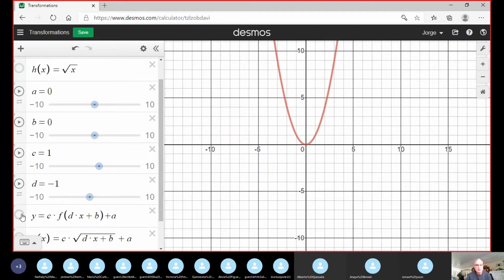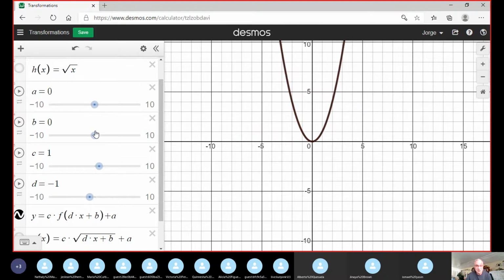And now the transformation is the black color. In this case, they are a perfect coincidence because A is 0, B is 0. But I want to change. Suppose B negative and positive.